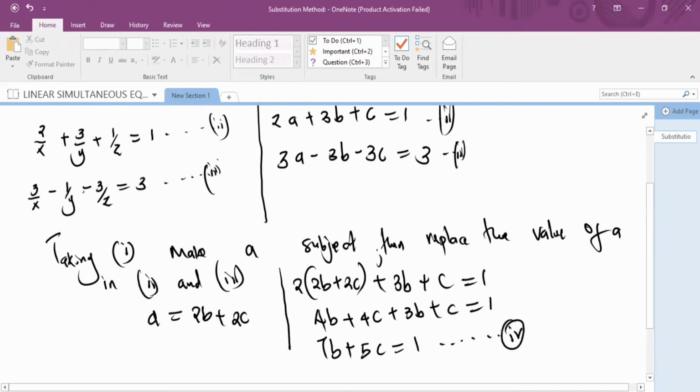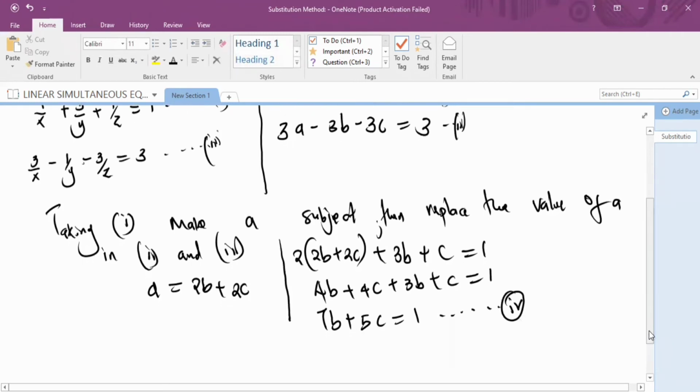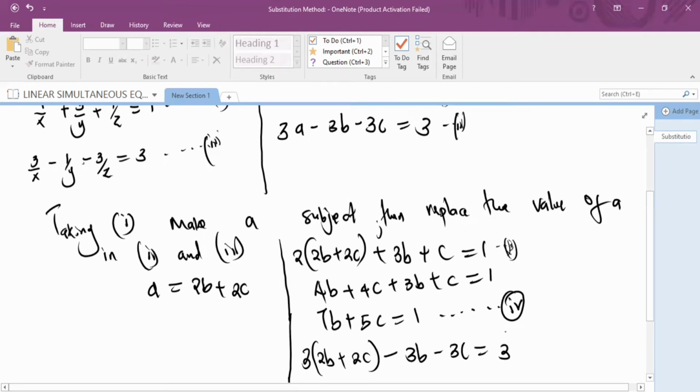Okay, taking the value of A again, we're going to replace in equation 3. So replacing in equation 3, we will have 3 into A. Our A is 2B plus 2C minus 3B minus 3C is equal to 3.